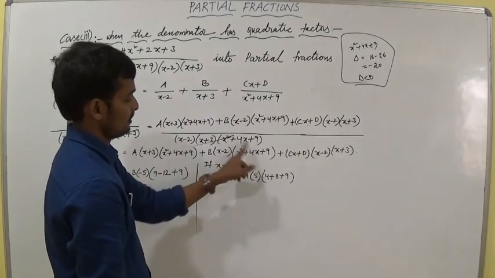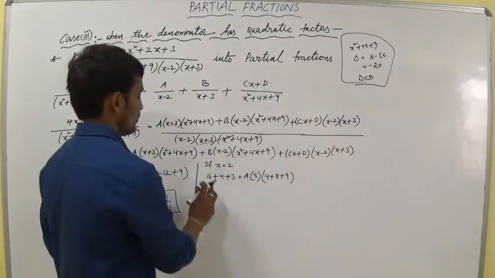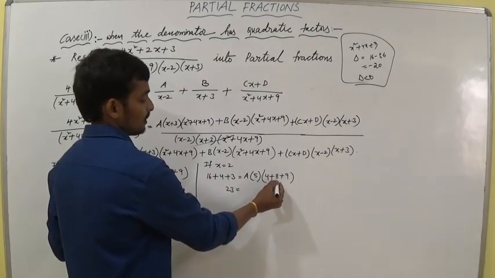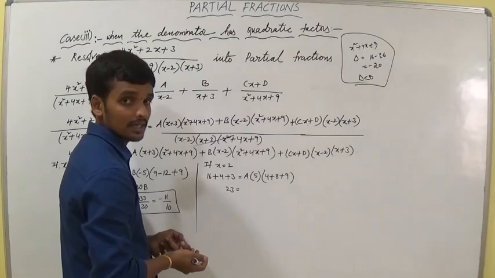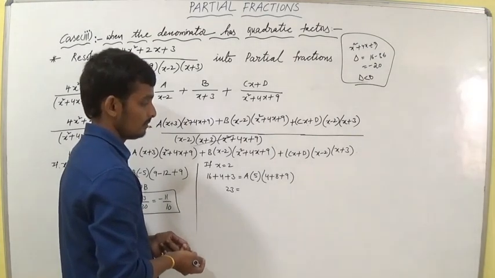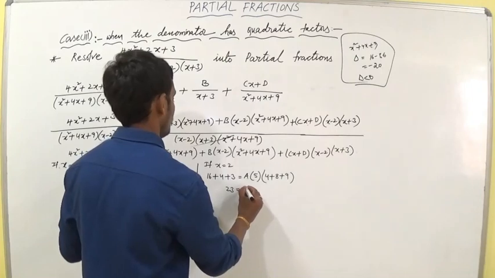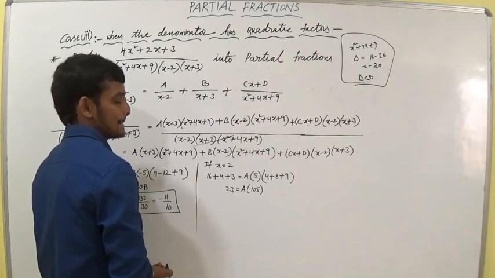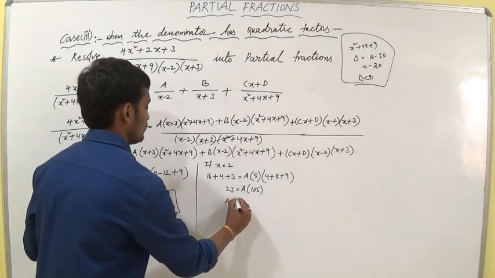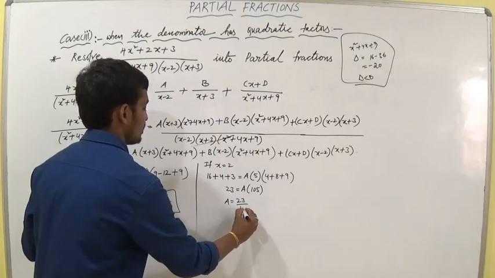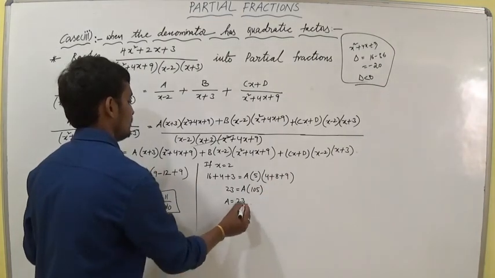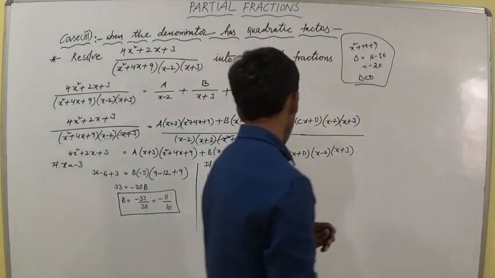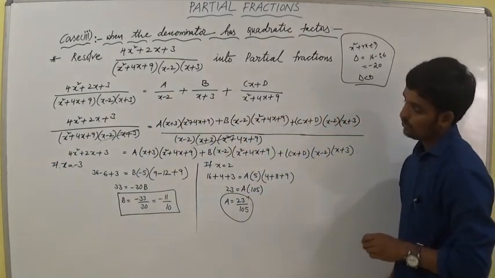So if you substitute 2 here, 0, 2 here, 0. So I can solve 20 plus 3, 23. 23 is equal to 12 plus 9, 21. 21 5s are 105. A into 105. So A is equal to 23 by 105. This is the value of A.